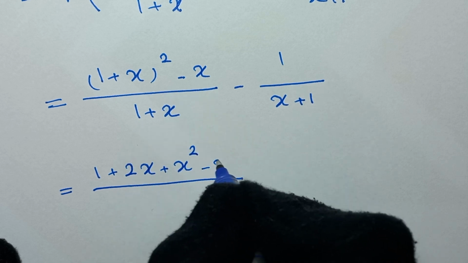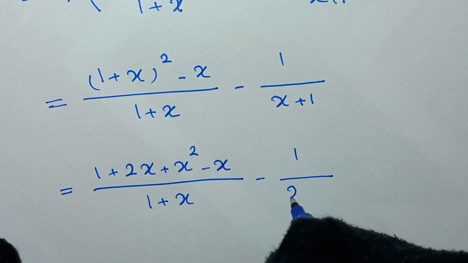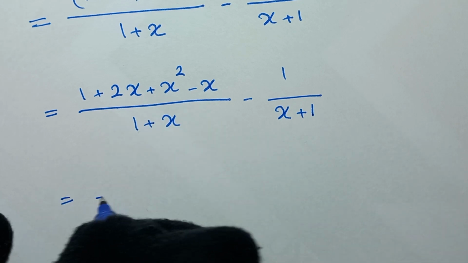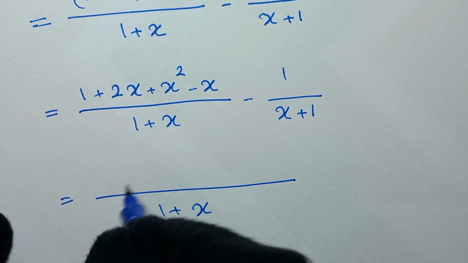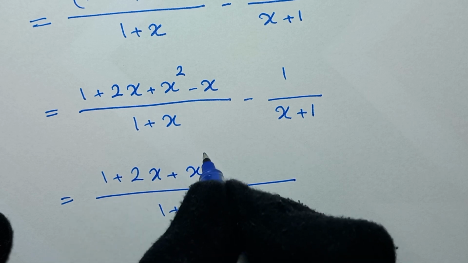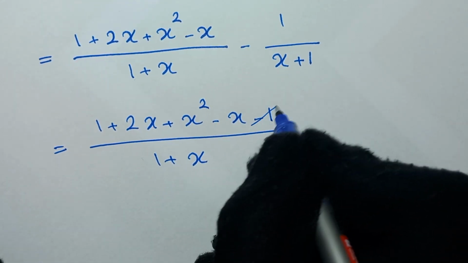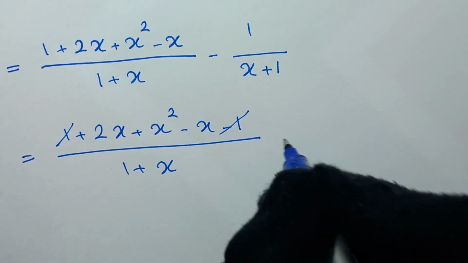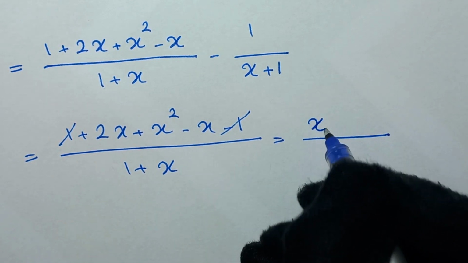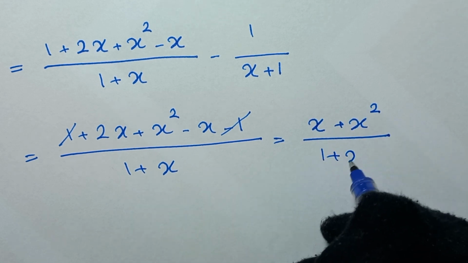And minus x over 1 plus x, and minus 1 over x plus 1. Here we can write this over 1 plus x, and for the numerator we have 1 plus 2x plus x squared minus x and minus 1. So this negative 1 will cancel this positive 1, and it will be 2x minus x, which is x, plus x squared, over 1 plus x, right?